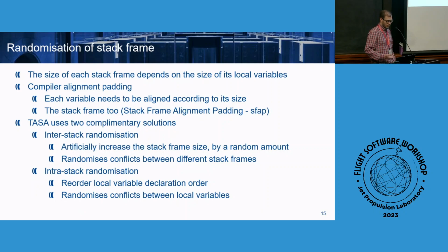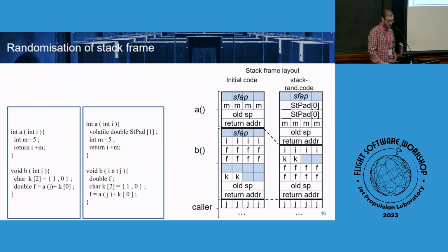In TASA, we propose two different solutions. One that we call inter-stack randomization, which artificially changes the size of the stack frame by a random amount. And this helps to randomize conflicts in the data cache among different stack frames. And we have also an intra-stack randomization solution that is simply achieved by reordering local variables and randomizes conflicts between the stack frame of the same function.